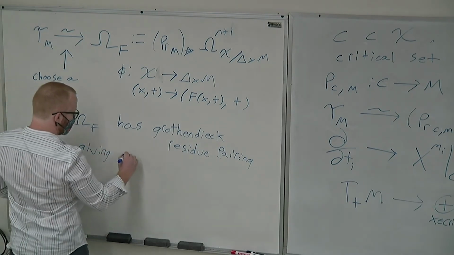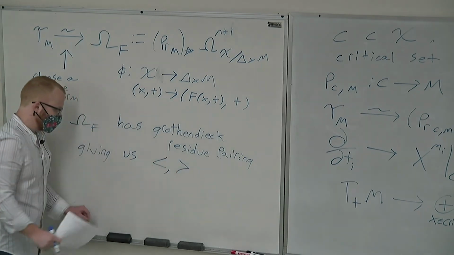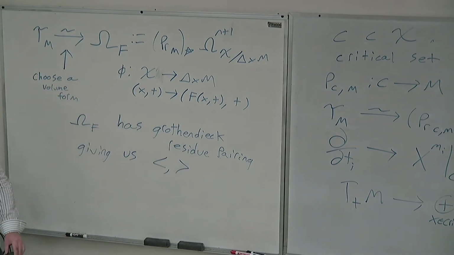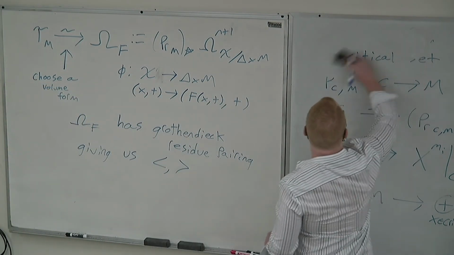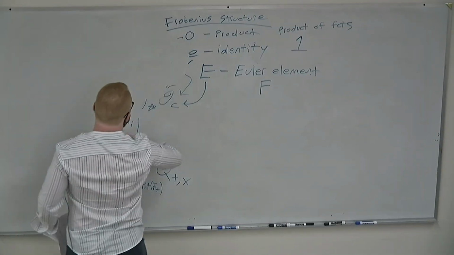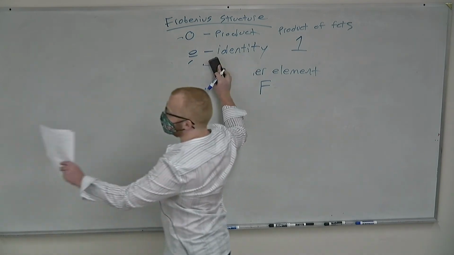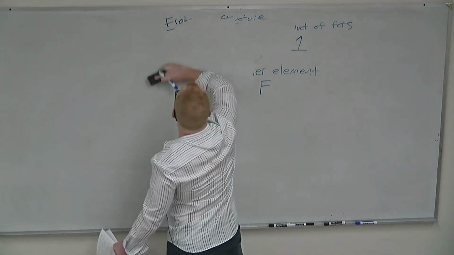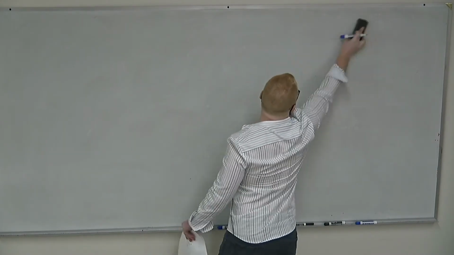And this Grothendieck residue pairing gives us this metric. Now there's a problem here. The problem is basically that I have a laundry list of flatness conditions for my Frobenius manifold. And if I just randomly choose a volume form, this Grothendieck residue pairing is not going to be flat.